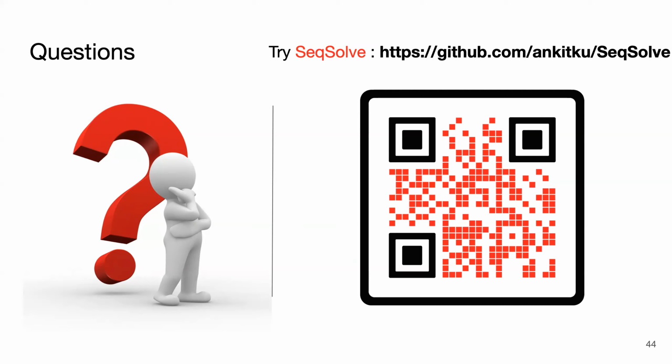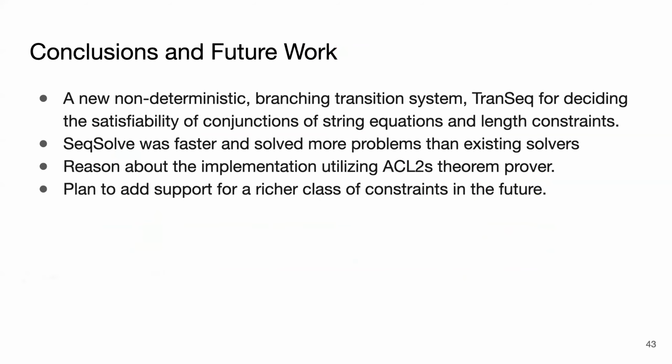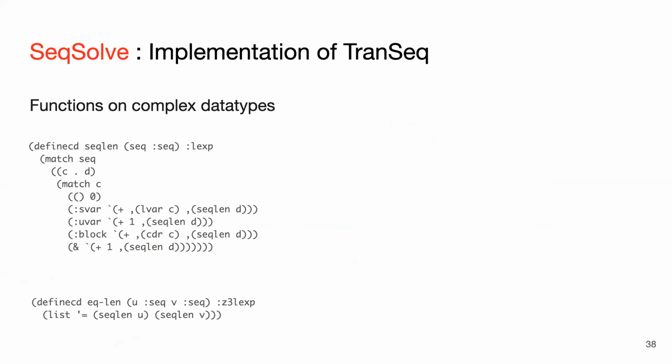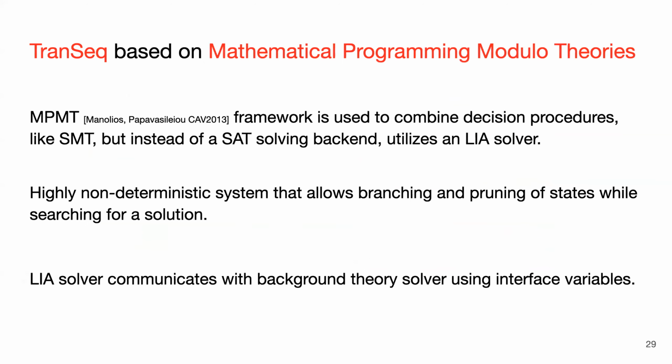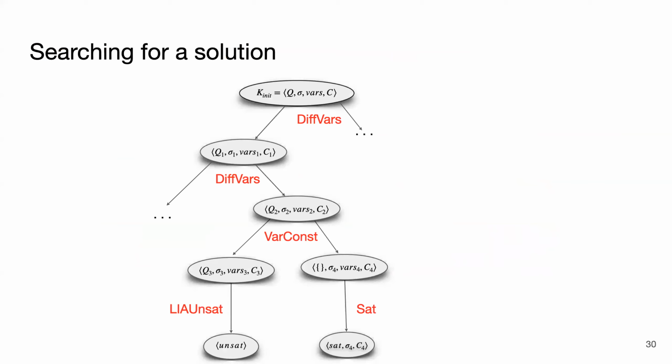Sure. Yeah, Julia first, and then I. So I was wondering, when you were describing the transition system, have you tried different orders of applying different rules? You've showed a bunch of rules for checking SAT and UNSAT. Does the order matter?